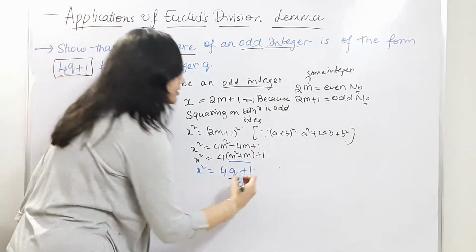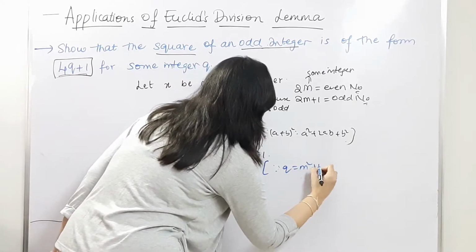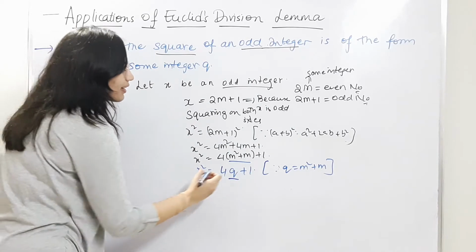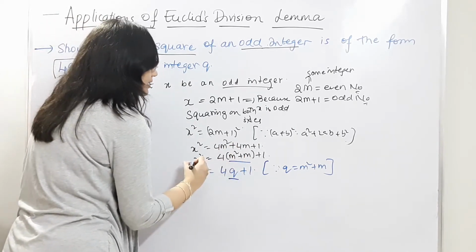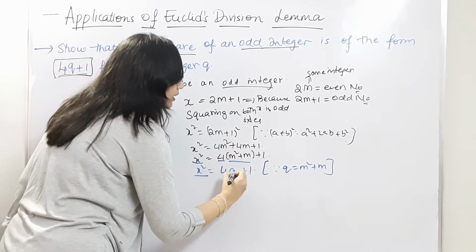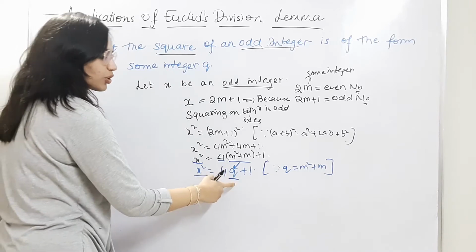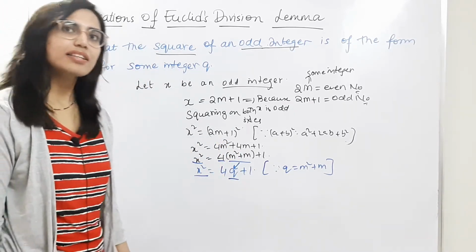So that means q is equal to m square plus m, and we can conclude that x square, that is square of an odd integer, is of the form 4q plus 1, if you consider m square plus m as q. Why do we have to consider m square plus m as q?